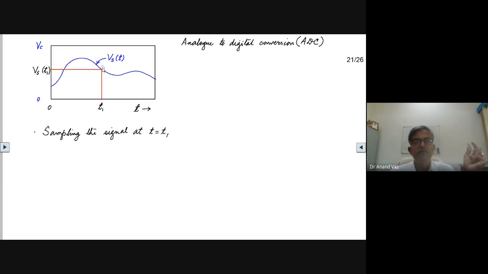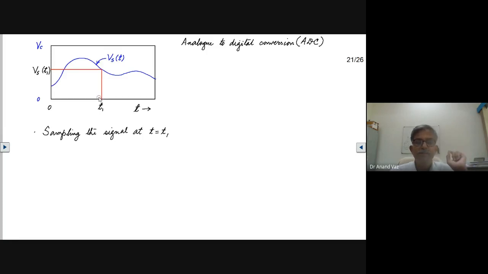There are very fast methods, but in general, the process of analog to digital conversion takes some time. During this time, it is possible that the signal would change its magnitude. That means if we proceed with the conversion during this duration, we will not be able to know the digital representation at the time at which we have sampled it.